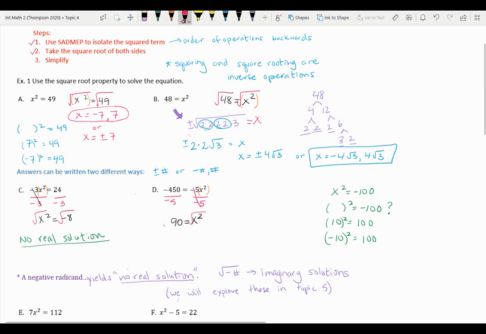So I take the square root of both sides. X is equal to plus or minus, and I need to do the factor tree for 90. There's a lot of different ways you can divide 90. I'm going to go for 3 and 30.